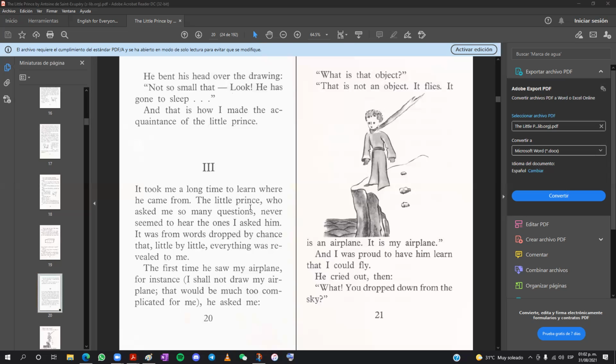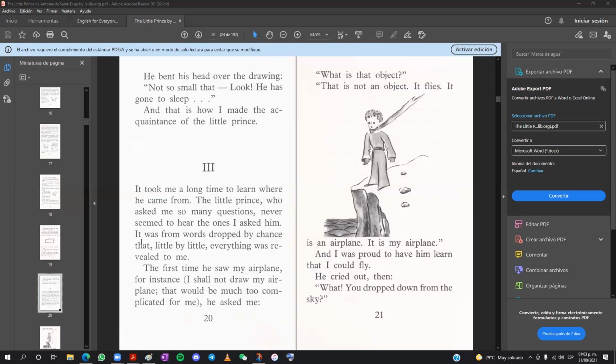The little prince Ujú. go Who who asked me me so many questions never seem to hear the ones I asked Mhm. him.